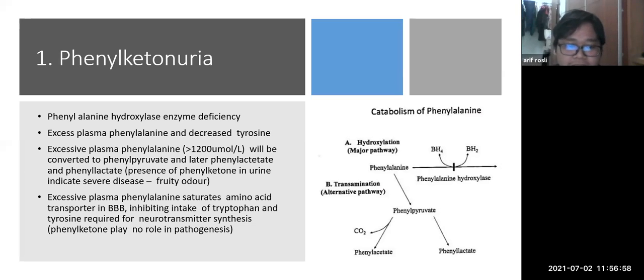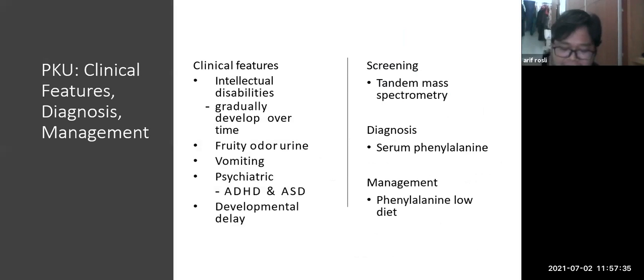And then the presence of phenylketonuria in urine will give the fruity odor. Excessive plasma phenylalanine will saturate amino acid transporter in BBB, and then it will in turn inhibit intake of tryptophan and tyrosine that is required for neurotransmitter synthesis. So this is the reason that it will cause the complication of this.